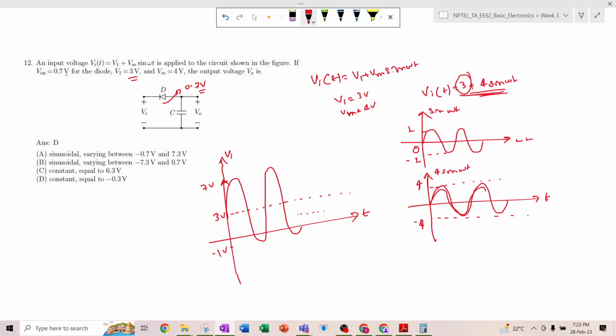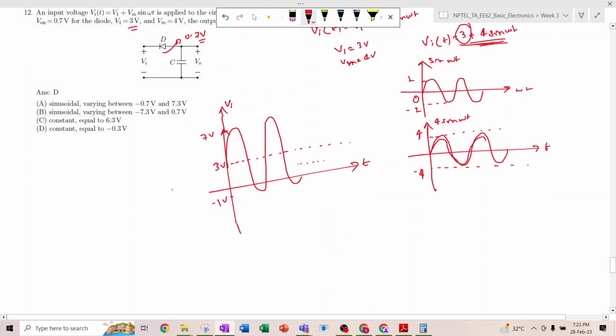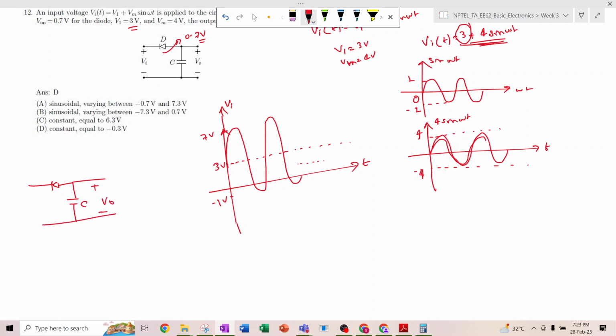So if V1 is 0.7 volt, now the circuit, if I redraw the circuit, so I am redrawing the circuit. If the diode is on, then only the current flows through this path, and then only the capacitor can charge.